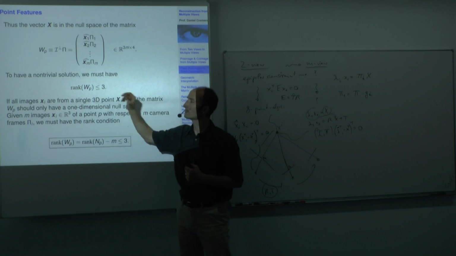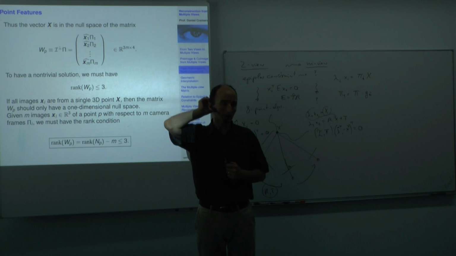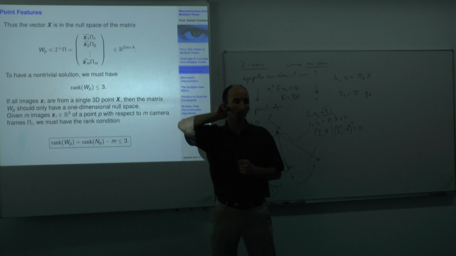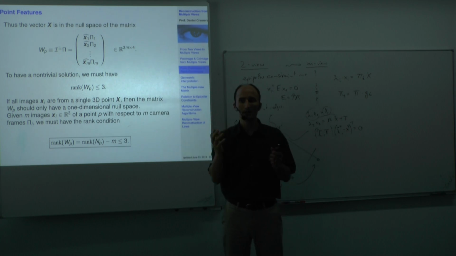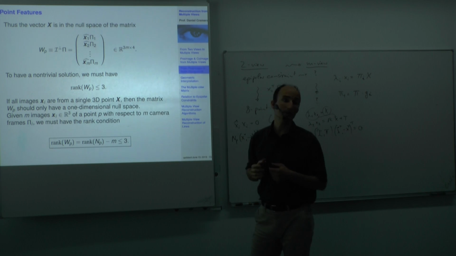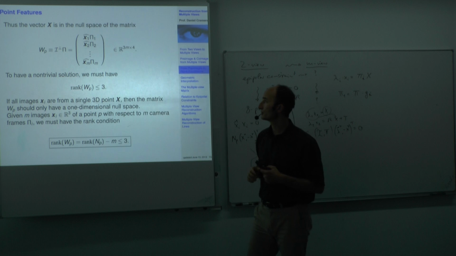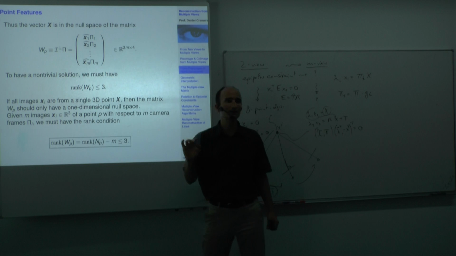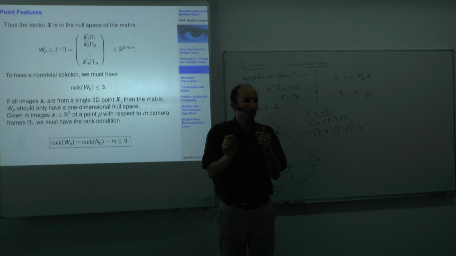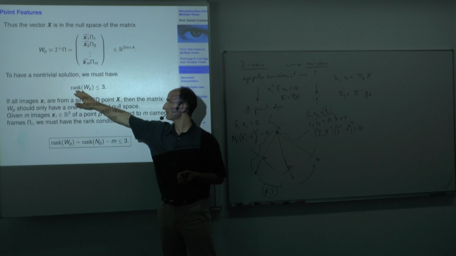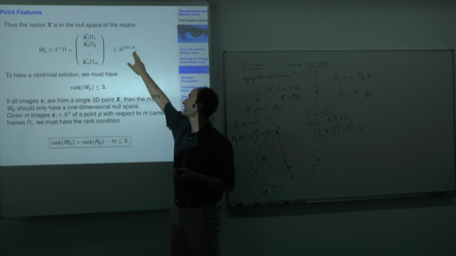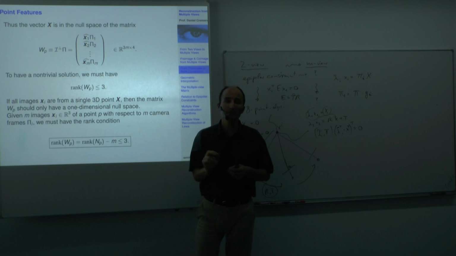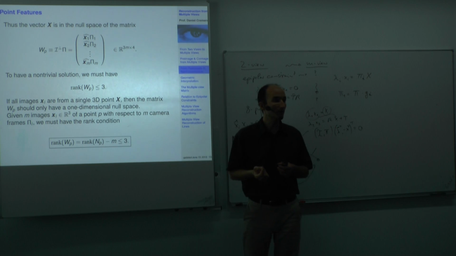If the rank is smaller than 3, so 2, 1, or 0, then we have the case of a non-unique solution. And so just by constructing this matrix and studying the rank of that matrix, you see all the possibilities. If there is no solution to the problem, the null space is just the 0 vector. That's the case if the rank is 4. This matrix can potentially have rank 4. If the rank is 4, there exists no reconstruction.